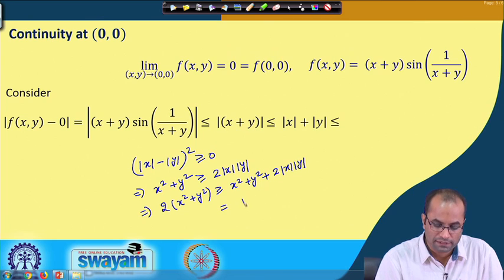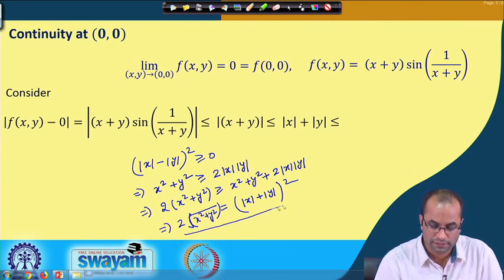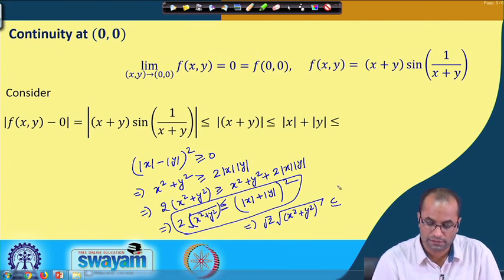This right hand side we can write as the absolute value of x plus the absolute value of y, whole square, and the left hand side is 2 times x square plus y square. And now we can take the square root here. So, this will become square root of 2 times square root of x square plus y square, which is less than or equal to the absolute value of x plus the absolute value of y.